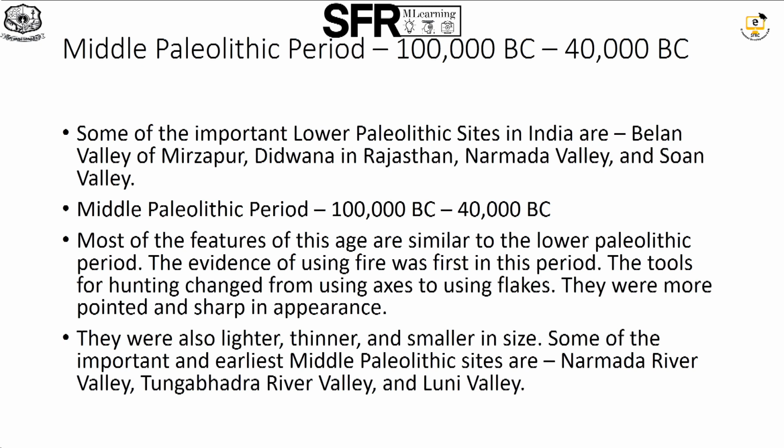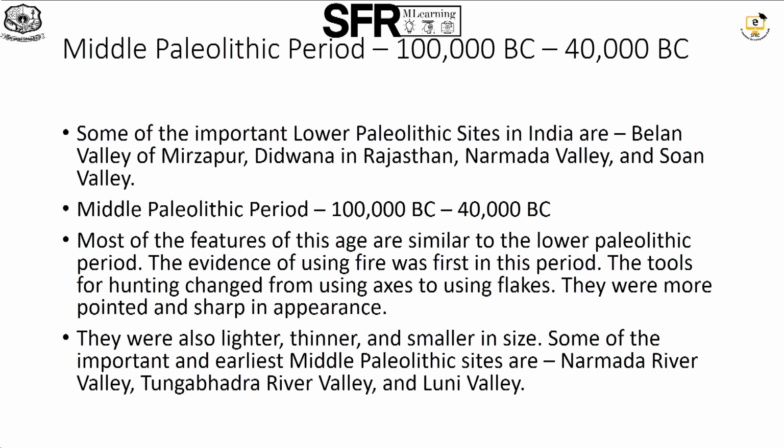Most of the features of this age are similar to the lower Paleolithic period. The evidence of using fire was first in this period only, so the middle Paleolithic people knew how to use fire. The tools for hunting changed from axes to using flakes.